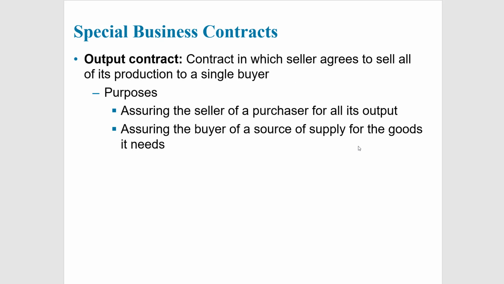There are some special kinds of contracts where the consideration might be a little bit weird. We talked about this a little bit in the last chapter, but an output contract is a type of contract where I agree to sell all of my production to a single buyer. It's a kind of exclusivity contract.